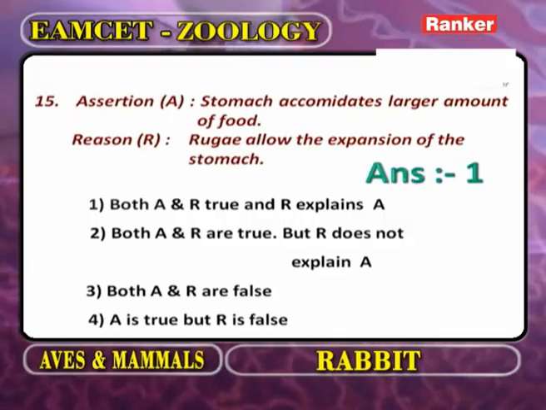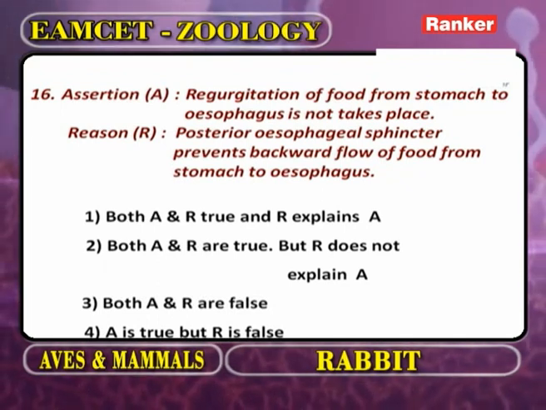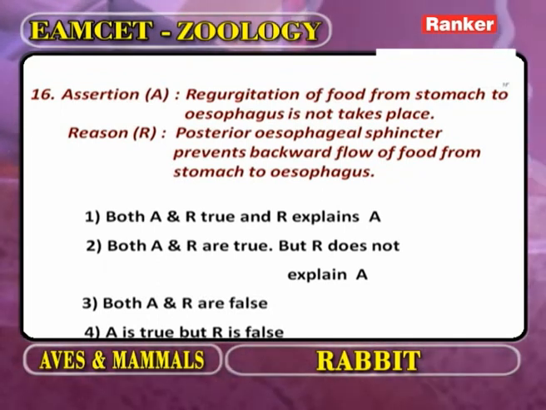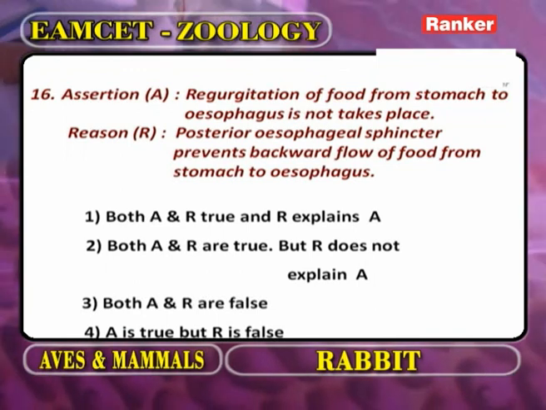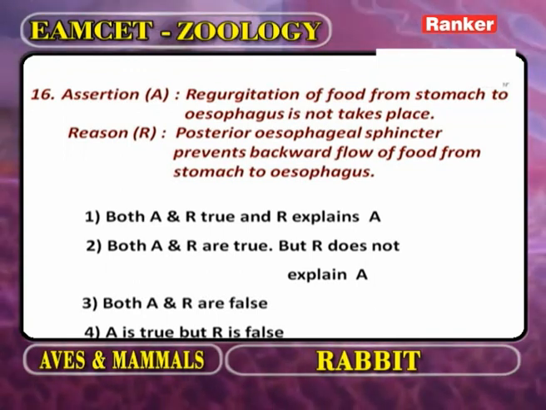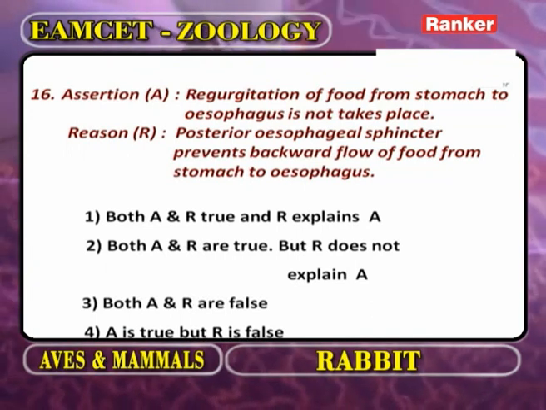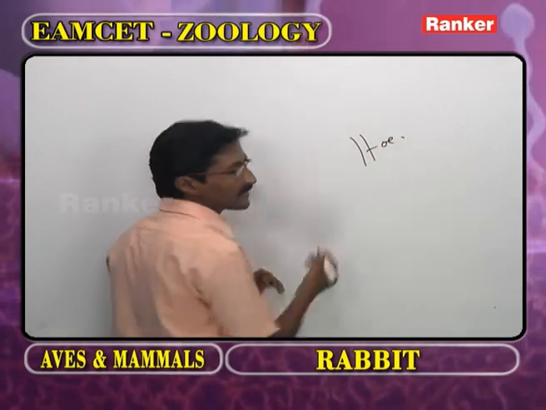Now, we go for the next question. Assertion. Regurgitation of food materials from stomach to esophagus does not take place. Now, as we observe the parts of alimentary canal, this one we call as the esophagus.